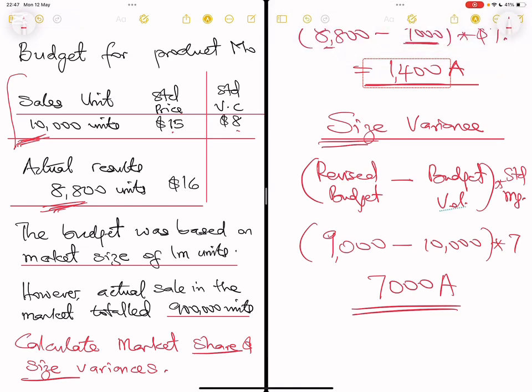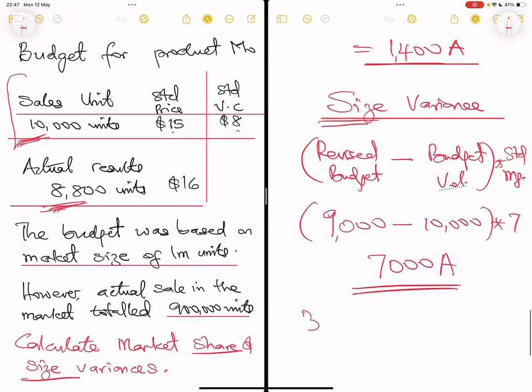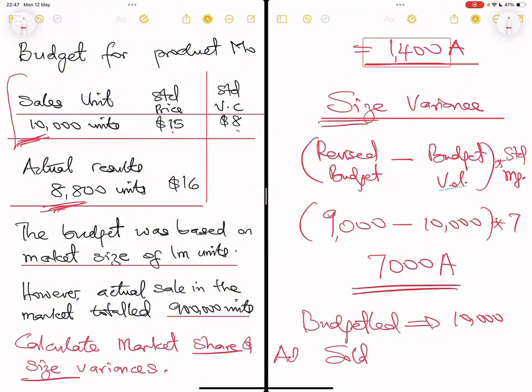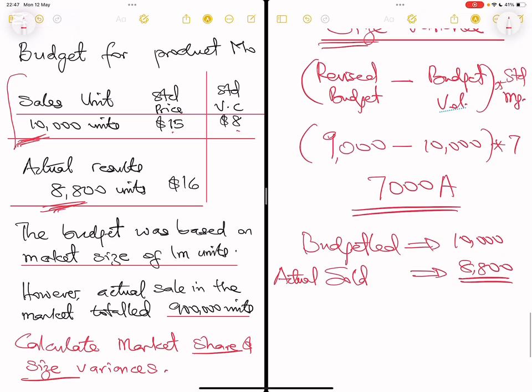And now we can explain what is going on. So think about it. What's our budget? We budgeted 10,000 unit sales. But actual sold was actually 8,800. Our budget of 10,000 was not achieved, obviously. We only sold 8,800.